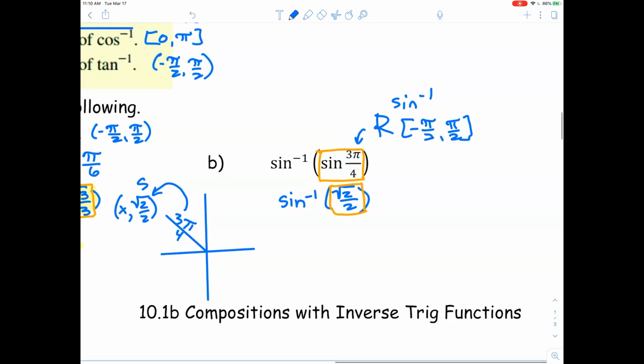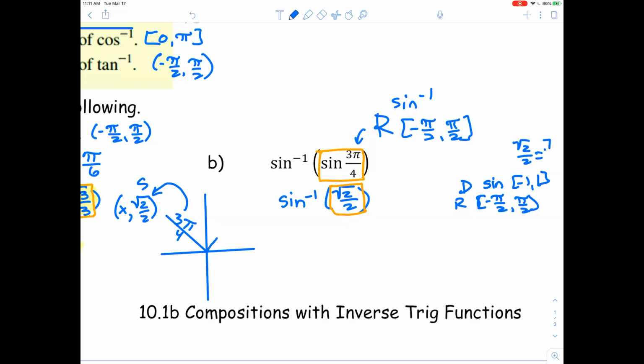Now remember that this is in my domain. My domain of sine inverse is negative 1 to 1, and the square root of 2 over 2 is about 0.7, so that's definitely in my domain, but we remember that the range is from negative pi over 2 to pi over 2.